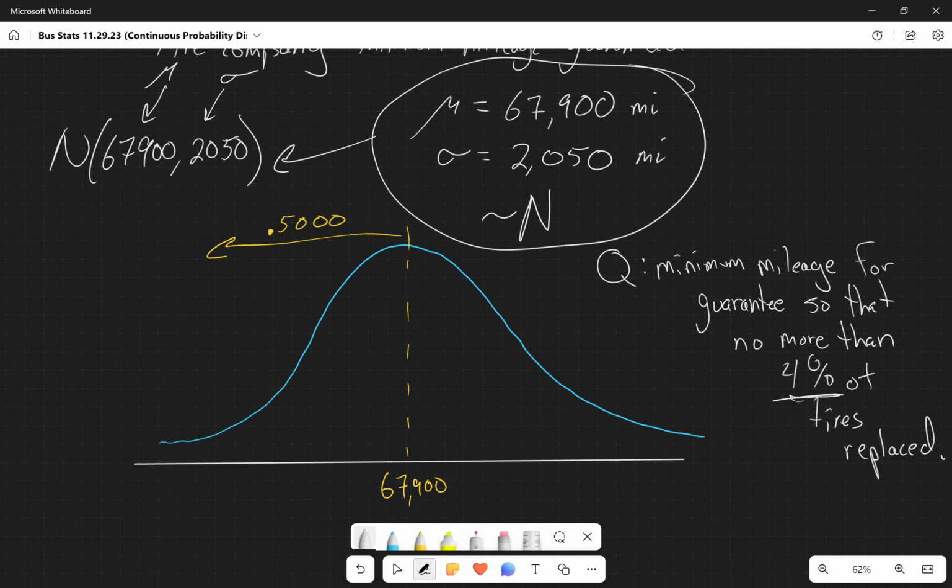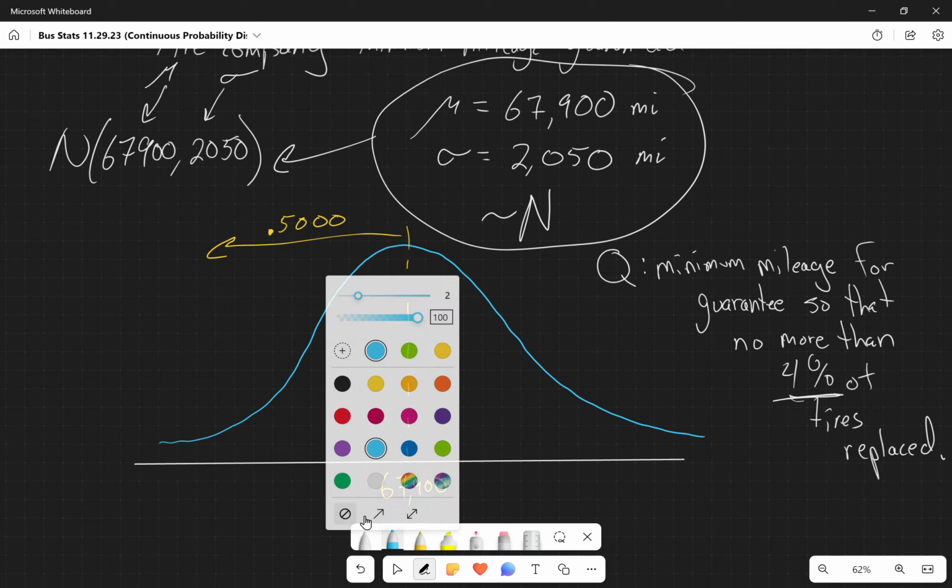So that means that this is either going to be my z statistic or it's going to be the area under the curve. And since it's given to me in percentages, or probabilities is another way to think about it, 4% or 0.04, we know that it's going to be the area under the curve.